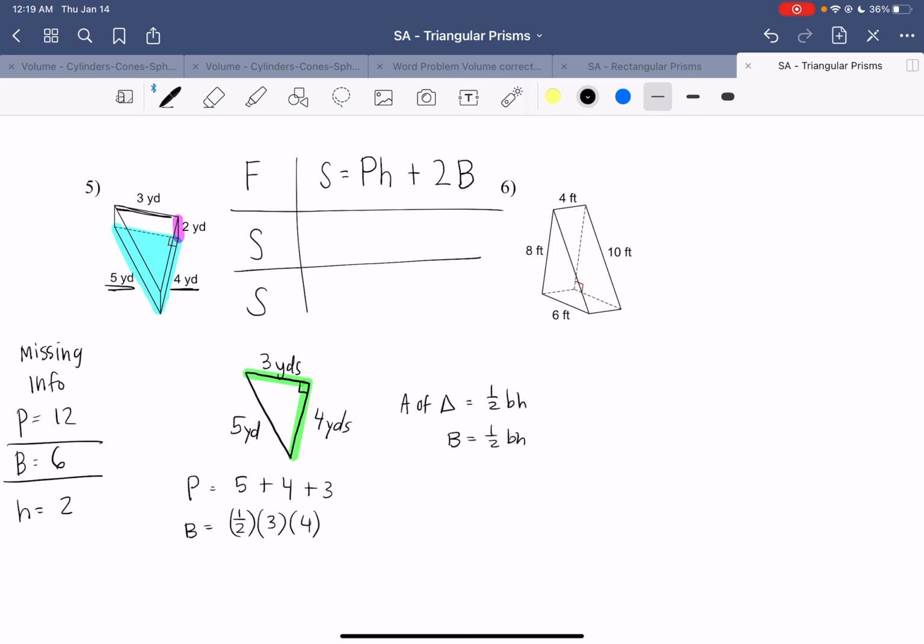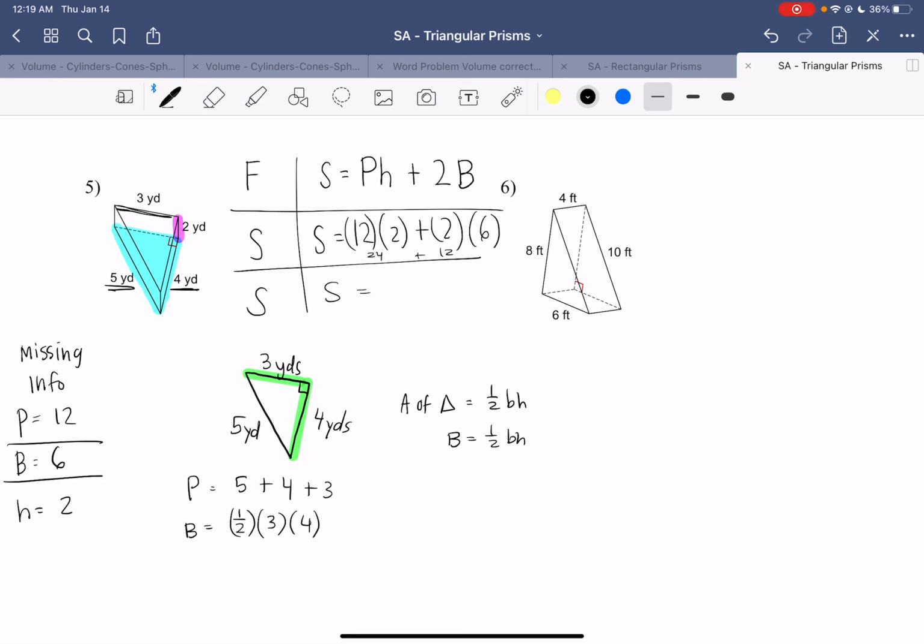So now we can take our numbers that we found and substitute them in. The perimeter of our base is 12 times the height is 2 plus 2 times the area of our base, which was 6. So 12 times 2 is 24 plus 2 times 6 is 12.